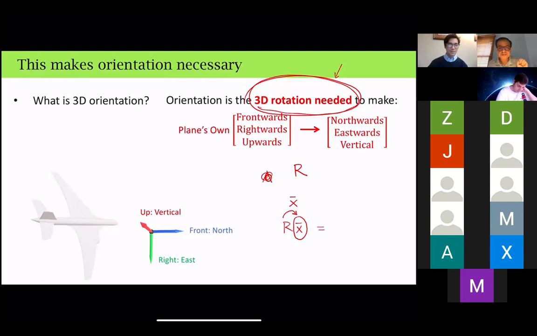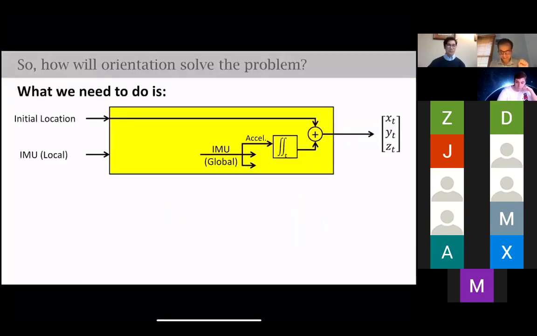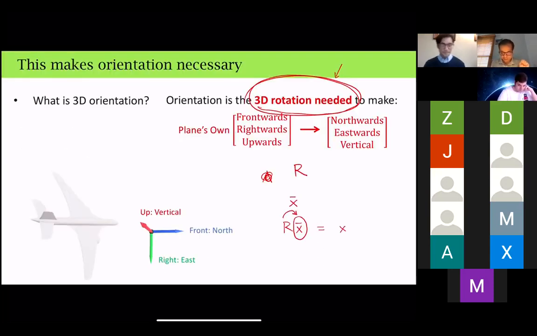Should it just be X, because X is an eigenvector? Exactly. So that should just be X. And that is basically 1x. So one way to think about which axis is the eigenvector of that rotation matrix.